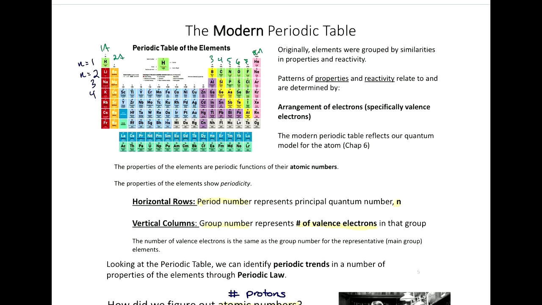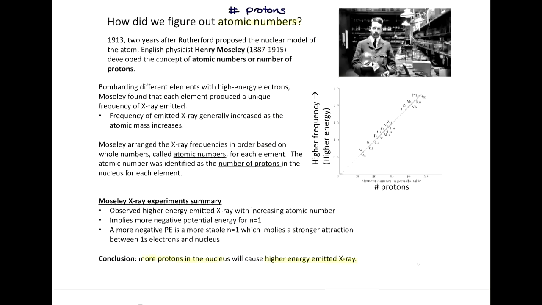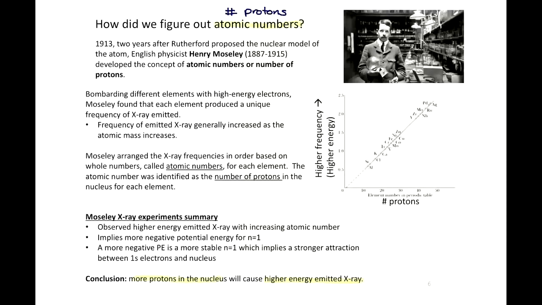Okay, so we know now that our periodic table is ordered based upon the number of protons in our nucleus. So the question is, how did we figure out what the atomic number is? Remember, the periodic table came first. Our understanding of nuclei and atomic theory came later.